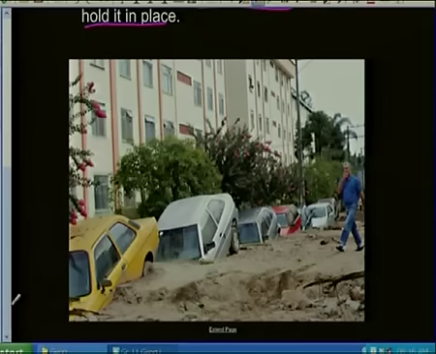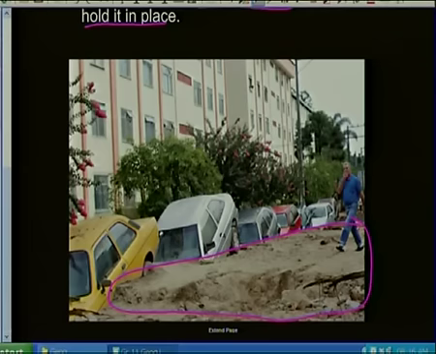These rocks fall hard and downward due to the influence of gravity. Again, any movement of the rock material is referred to as mass movement. If we look at this particular picture, note the rock material that has accumulated after a heavy mass movement.